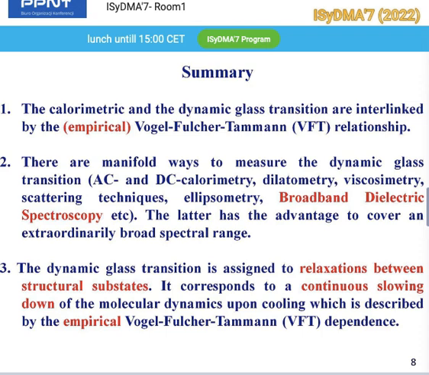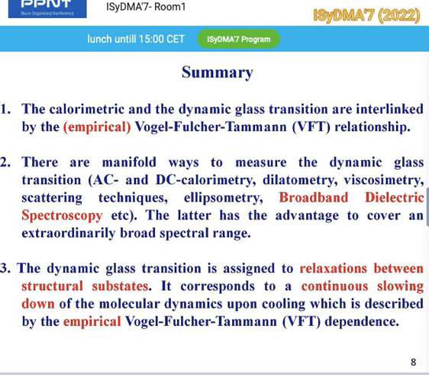Well, typically the calorimetric and the dynamic glass transition are interlinked by the empirical Vogel-Fulcher-Tammann relationship. There are manifold ways to measure the dynamic glass transition or glassy dynamics, which is identical. You can use, of course, calorimetry, but also scattering techniques, and more molecular techniques like dielectric spectroscopy or NMR spectroscopy.